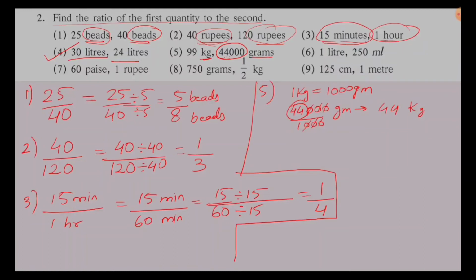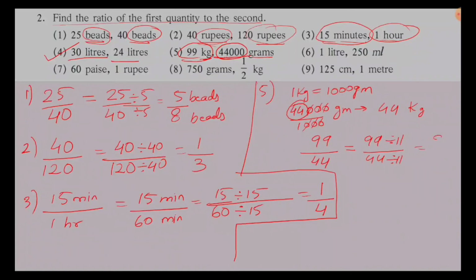Now this is also converted into kg, as this was already in kg. So we won't be writing 99 upon 44,000, but we will be writing 99 upon 44. Now the HCF will be 11. We know that both the numbers will be coming in 11's table, so we will be dividing it with 11. So what is it?